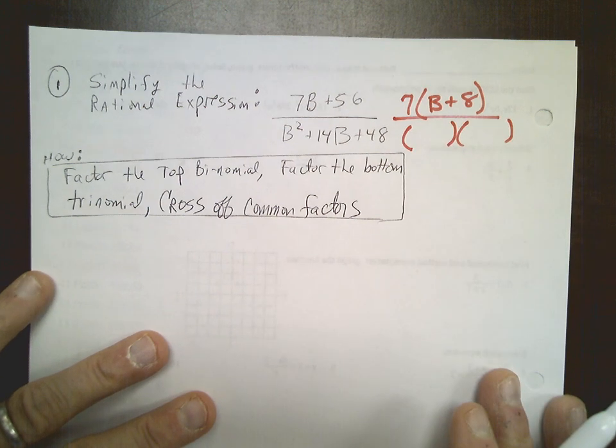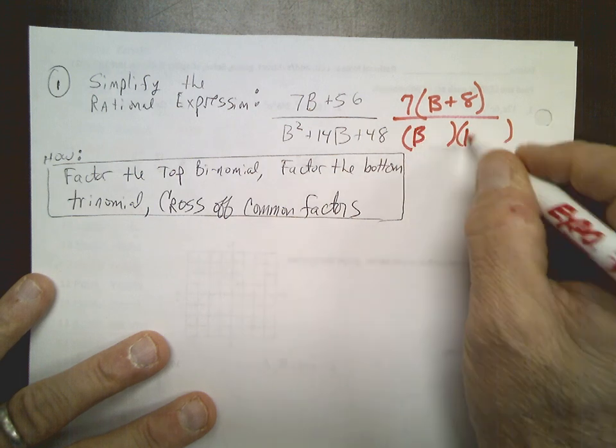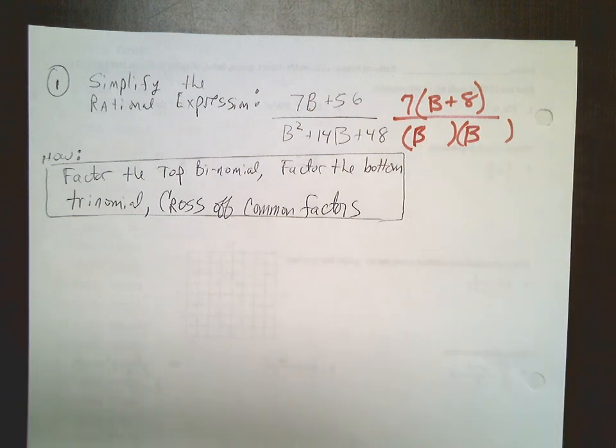We've got a trinomial on the bottom. It becomes b and b. Your job is to find those tail numbers. You've got to find two numbers that multiply to 48 but add to 14 in the middle.